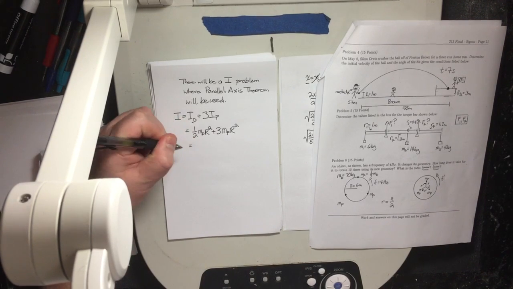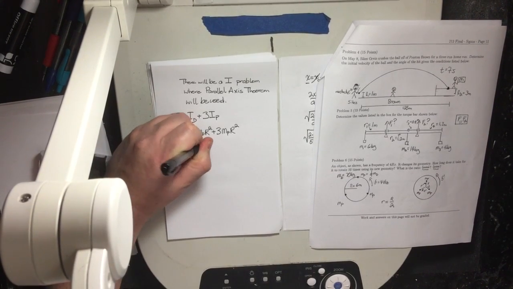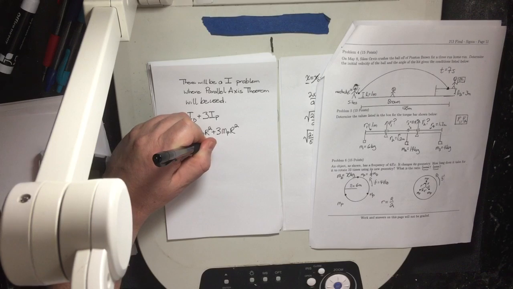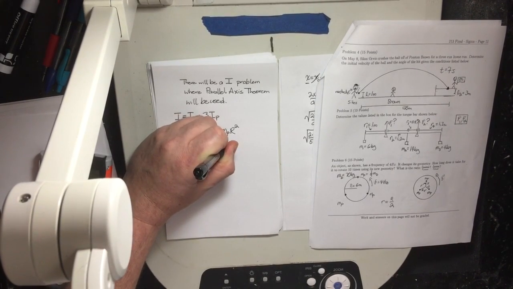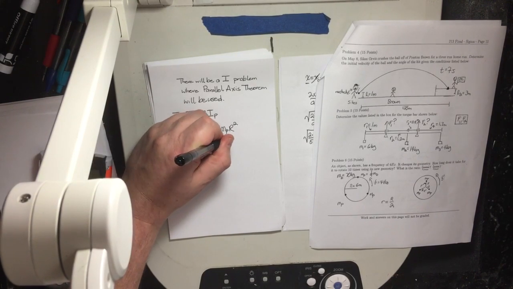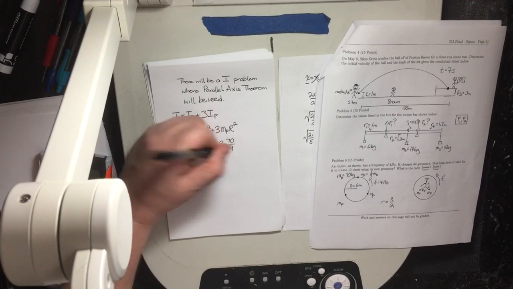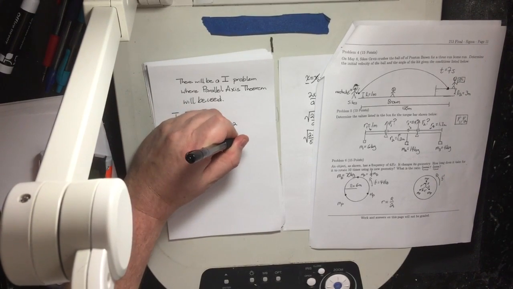So this becomes 1/2 70 times 6 squared plus 3 times the mass of the particle, 1/9 mass of the disk. So 70 divided by 9, r squared, 6 squared.